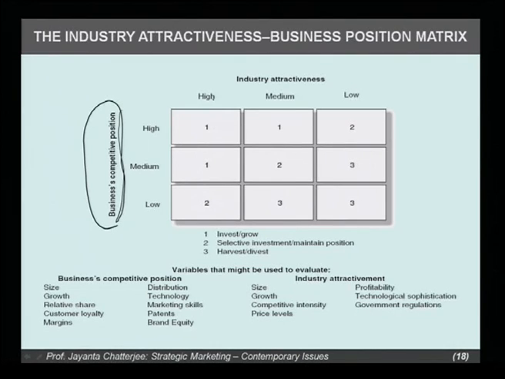than market share, because within this it not only looks at the market share of today, but it looks at customer loyalty, technology, patents or intellectual property, and issues like brand equity, which we will discuss later.